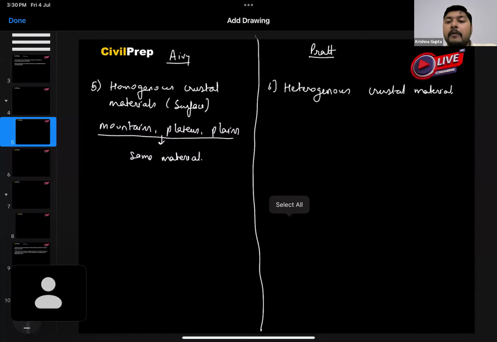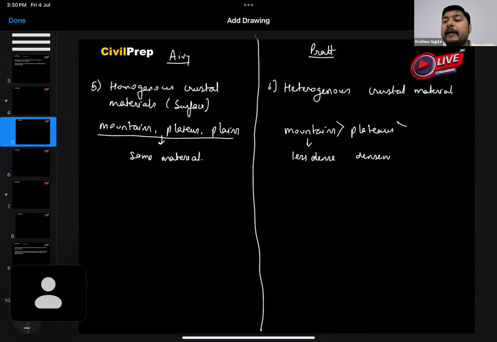Okay, for example, mountains are of less dense material, while plateaus are of comparatively more dense material, and plains are the most dense. So this was one of the concepts provided by Pratt here, that the material is heterogeneous in nature.